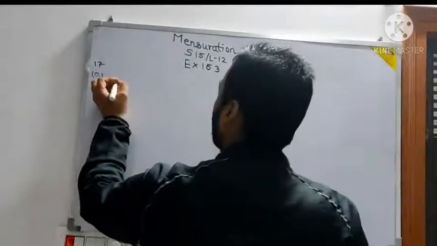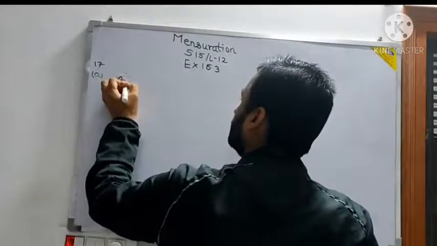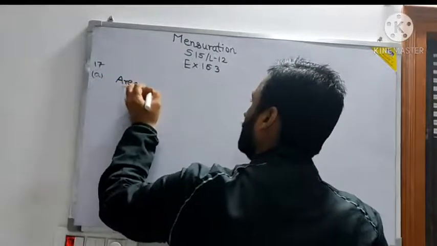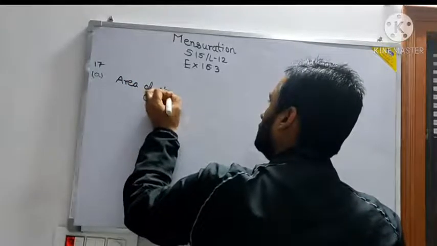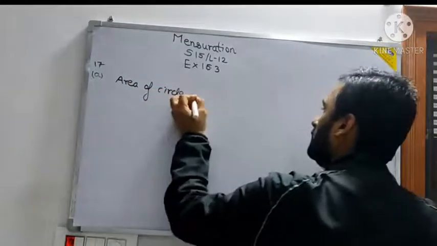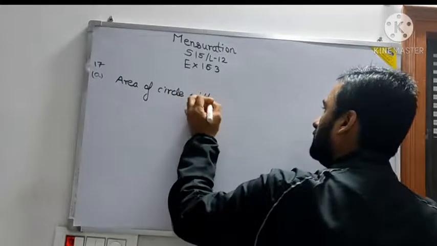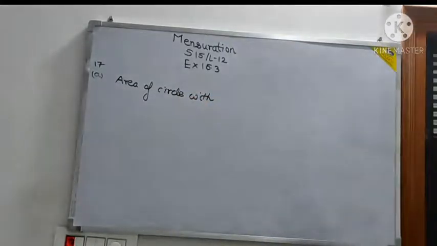So what will we write here? Area of circle with diameter 7 centimeter.